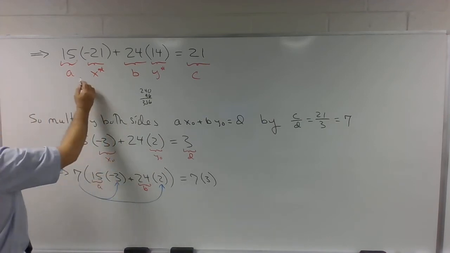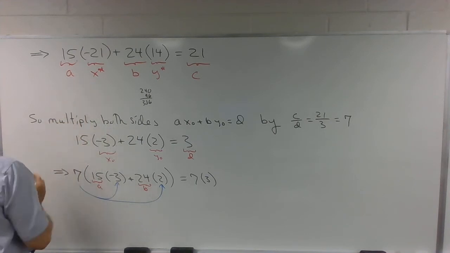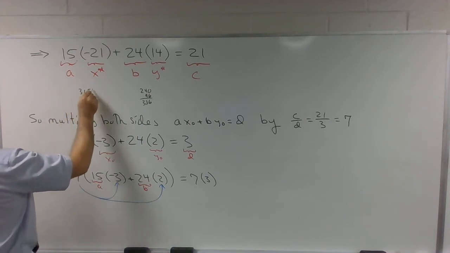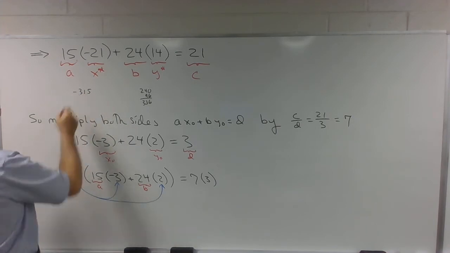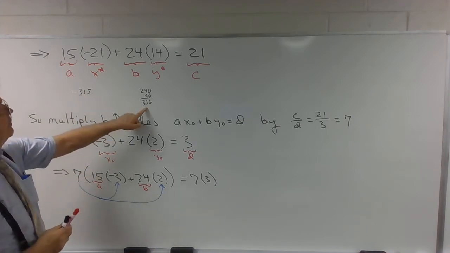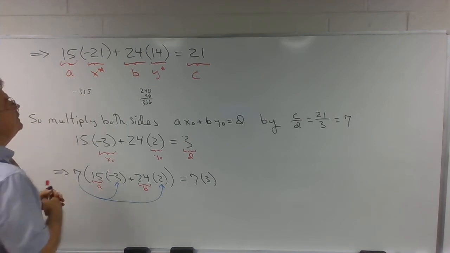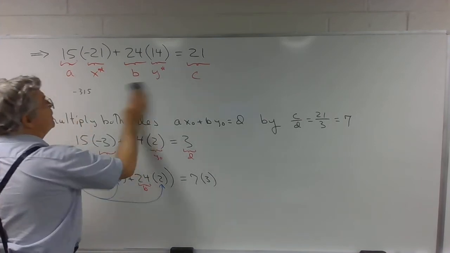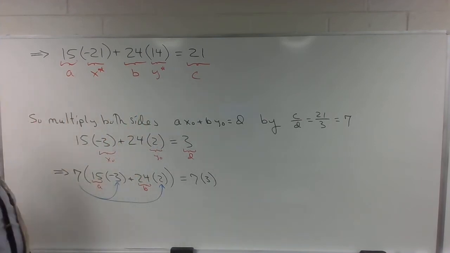What was this one again? 210? Let's see. 315, that's what it was. Negative. 336 minus 315, 21. Yep, okay. So we got ourselves the particular solution.